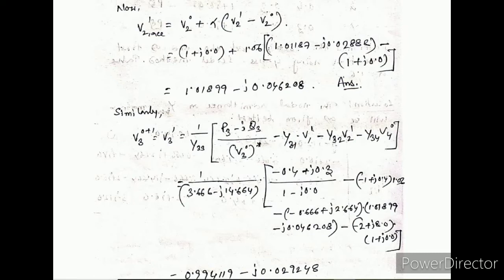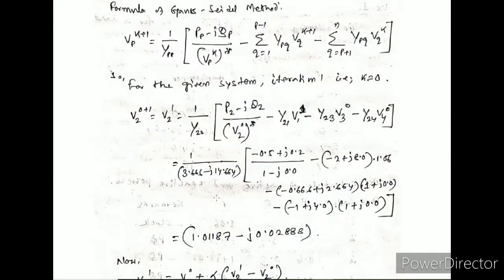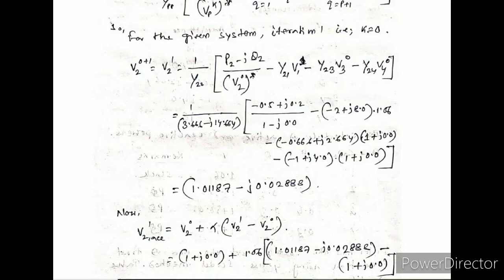Now as V2 to the power 1 is this one, there is given a V2 to the power 1 accelerated. That means if you follow the algorithm, whenever we find out the V2 value, if any accelerating factor is given, we need to check that value by using the accelerating factor.